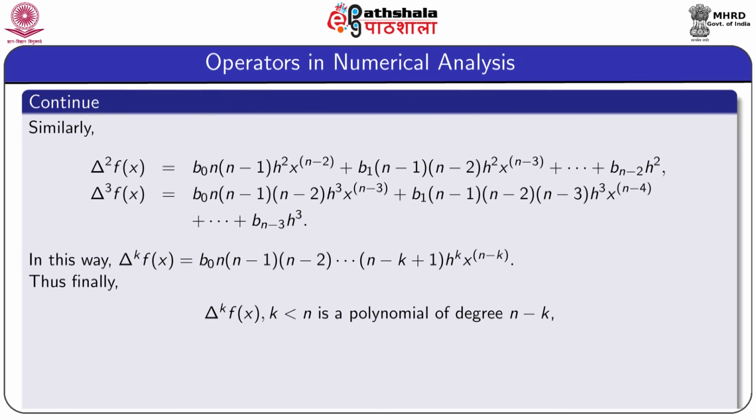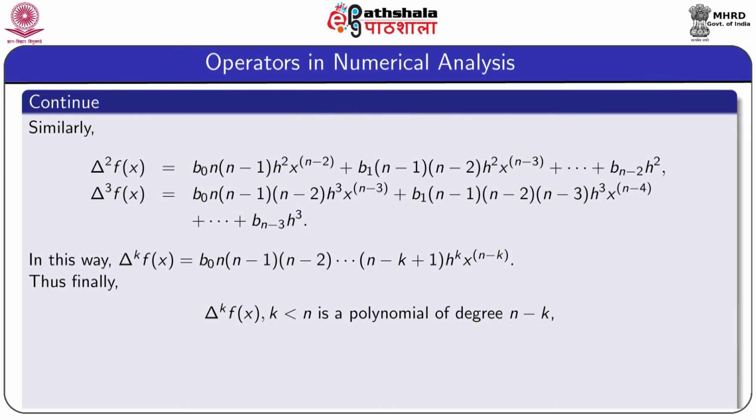Now, we take the second order difference using the same rules, and the second order difference of f(x) is equal to b0 n(n-1) h² x^(n-2) + b1 (n-1)(n-2) h² x^(n-3) and so on.